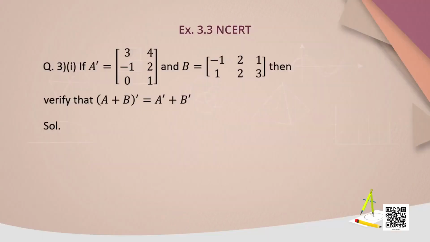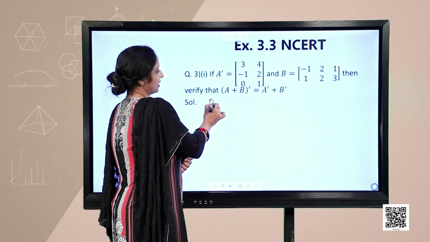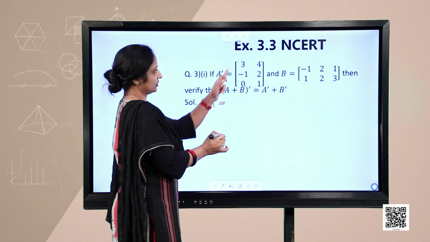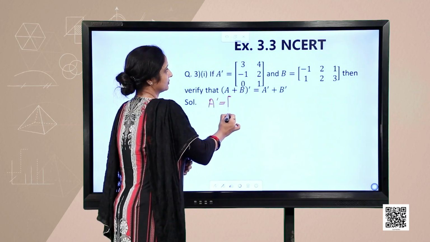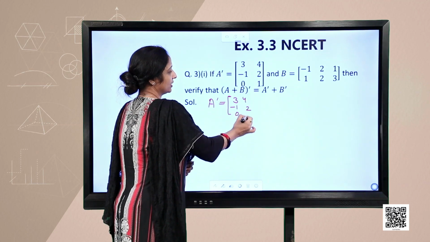So, let us solve the RHS now. For that, I require A transpose, which is already given to me: 3, 4, minus 1, 2, 0, 1.